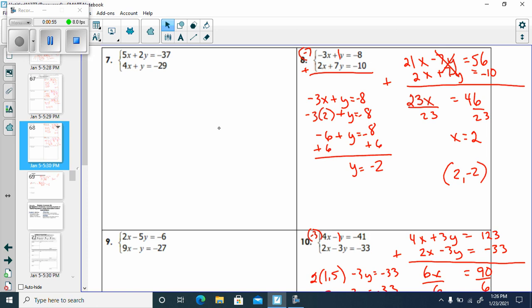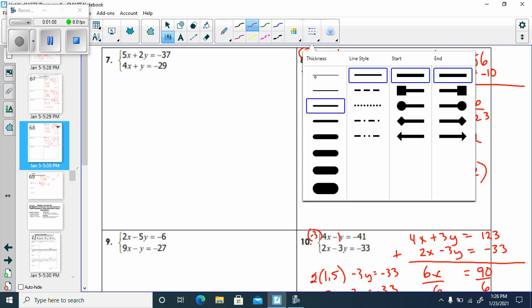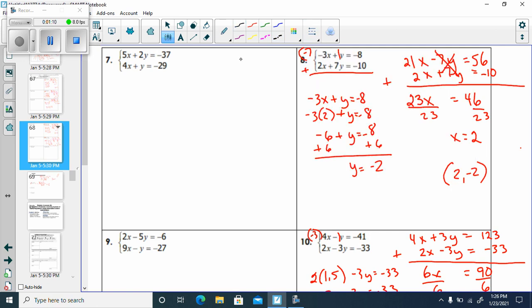If I wanted to solve this system of linear equations, first thing I would do is look to see, do I have x is equal to or y is equal to? No, I don't, so I can't use substitution. Here I've got the x's over each other, the y's over each other, the equals over each other, and the numbers over each other. So we're going to use elimination.